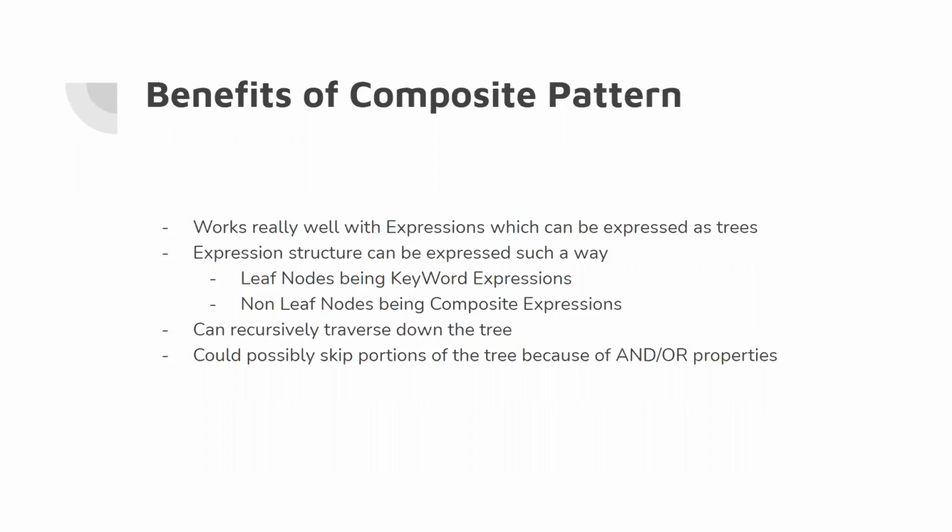So we can recursively traverse down the tree, and we could possibly skip portions of the tree. If we have an OR expression, for example, and we evaluated the left and it already became true, we could skip the right part because it doesn't really matter what that one is. That's something cool we could do based on the composite design pattern, utilizing the tree-like structure that exists in this case.